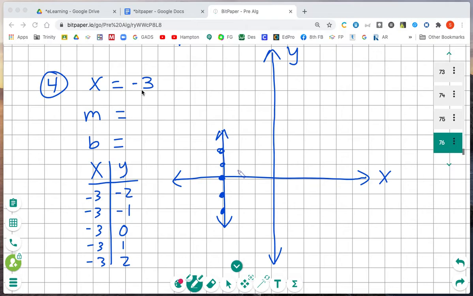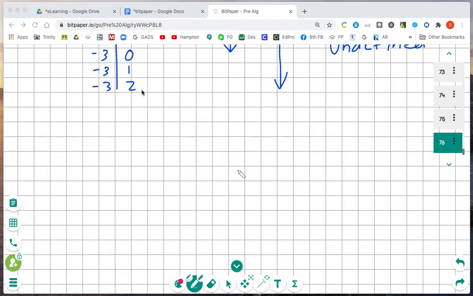You'll notice that my slope, I went up 1 to the right 0, and it is an undefined slope. And there is no y-intercept. Now we're going to start with a graph, and we're going to find the equation of the line.